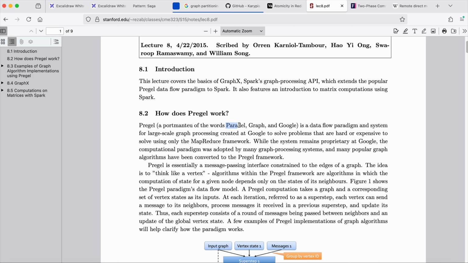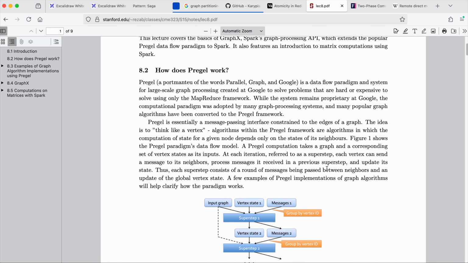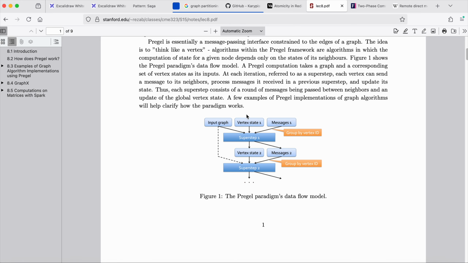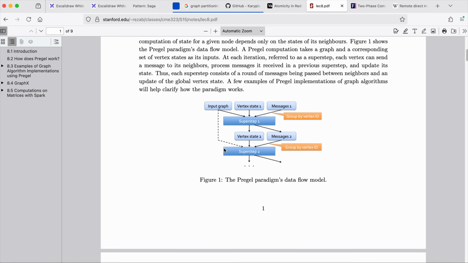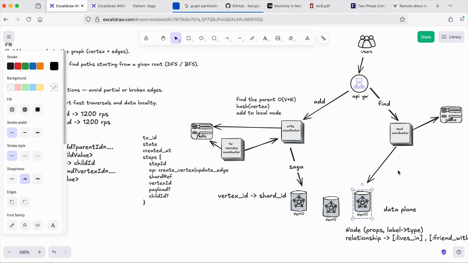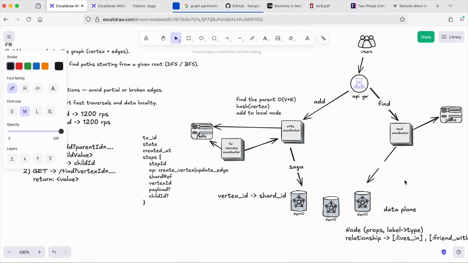Pregel is about parallel graph processing, from Google. The framework is based on a Google idea for how to do parallel queries across the graph. So first of all it is parallelization, and some lazy loading for the vertices across the shards.